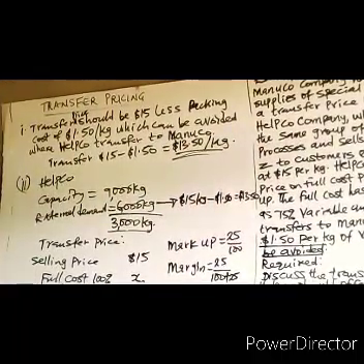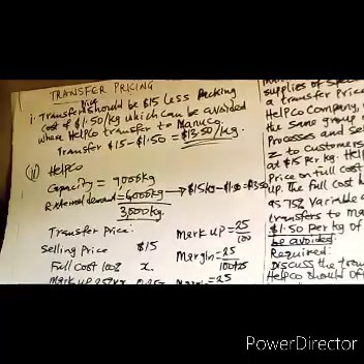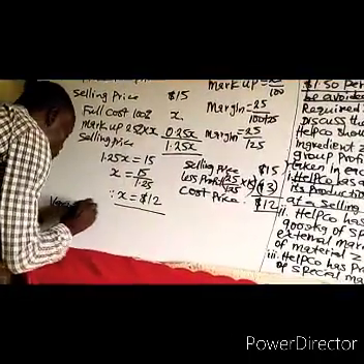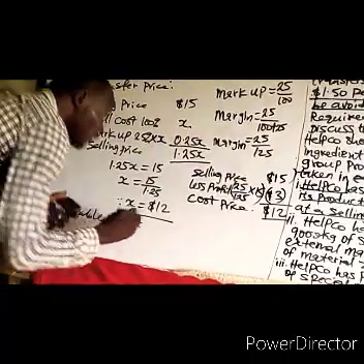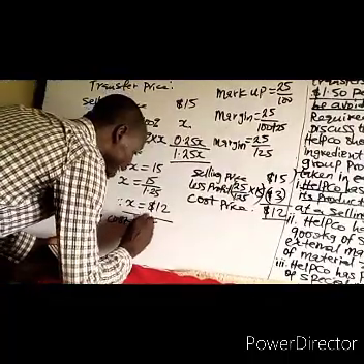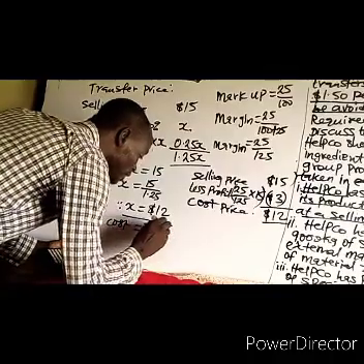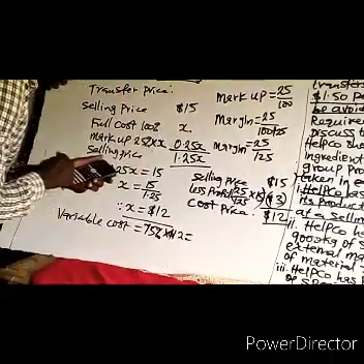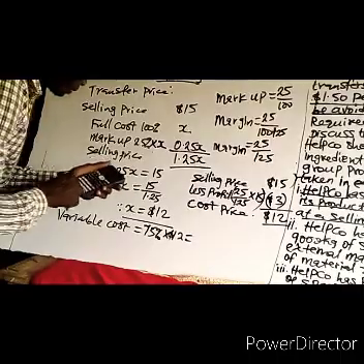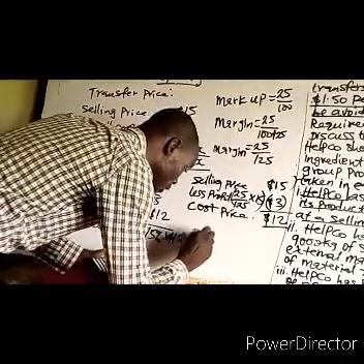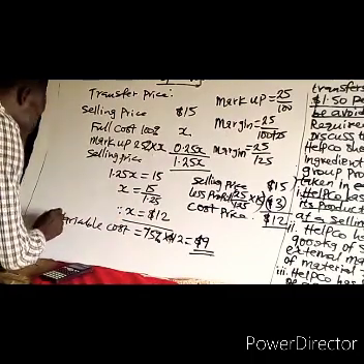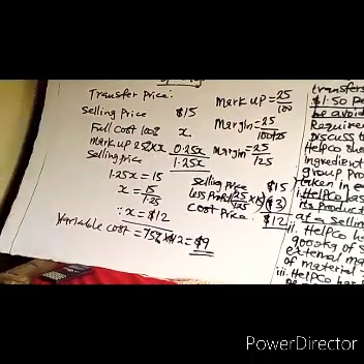So what you need is the variable cost of production. You have been told of the full cost, 75% are variable. So 75% of $12, that is $12 times 75%, will give us $9. So the variable cost of production is $9.